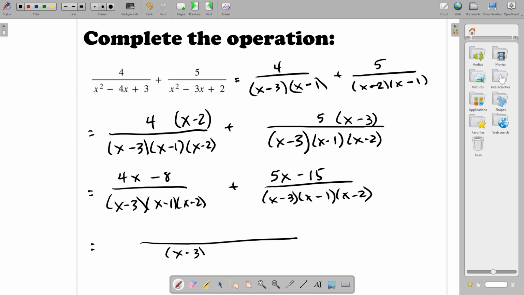My denominator, x minus 3 times x minus 1 times x minus 2. And 4x plus 5x is 9x. Negative 8 and negative 15 is negative 23. And that will not reduce any further.